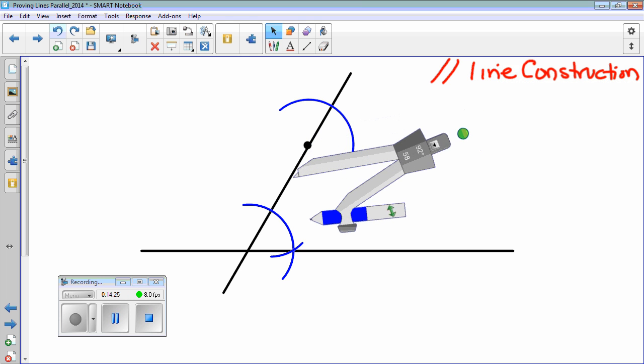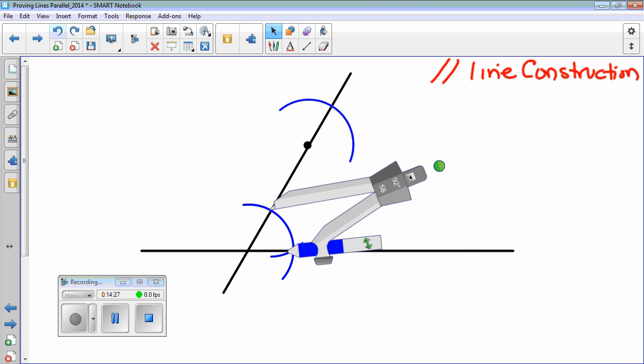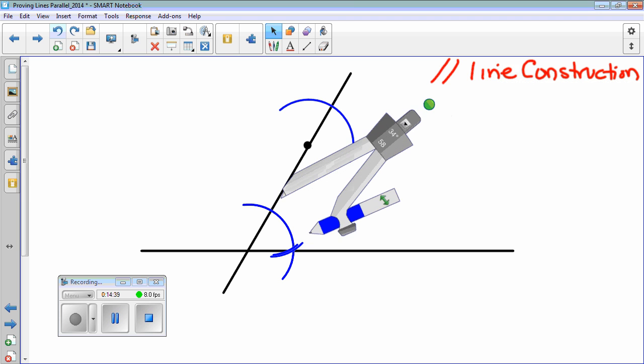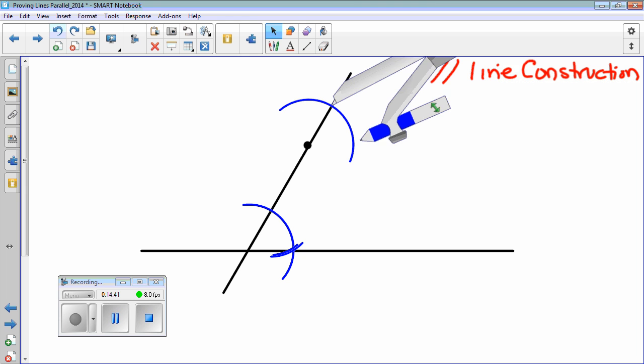Notice where this sharp point is. The sharp point needs to go all the way up to where the blue line intersects, not the dot, but where the blue line intersects. So I'm going to go here and make a little X. I'm just copying my angle. This is the copy an angle construction.